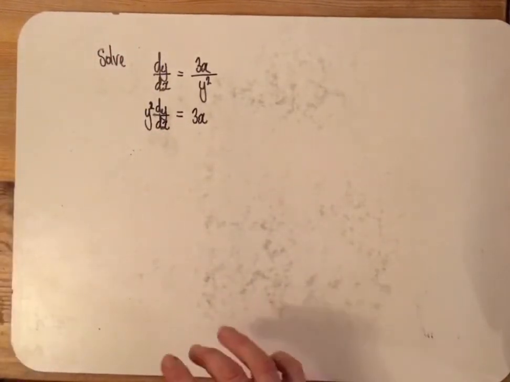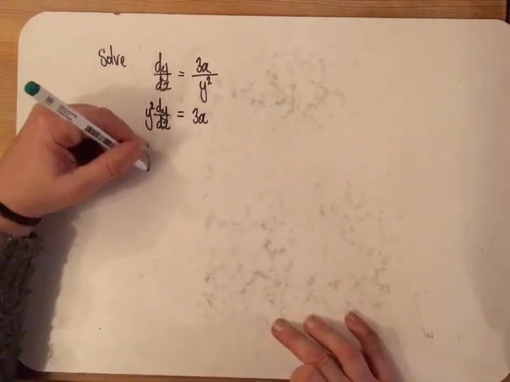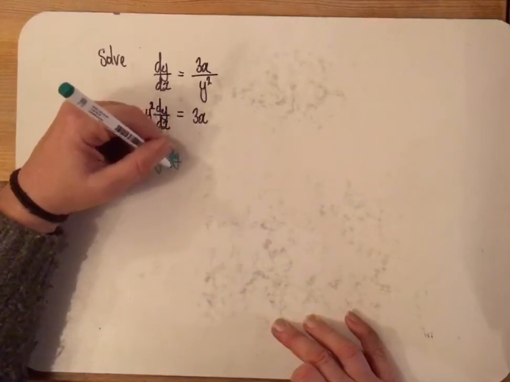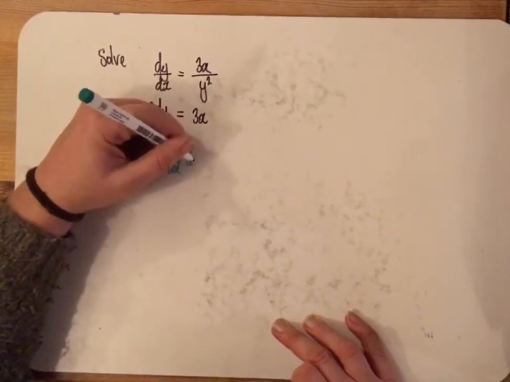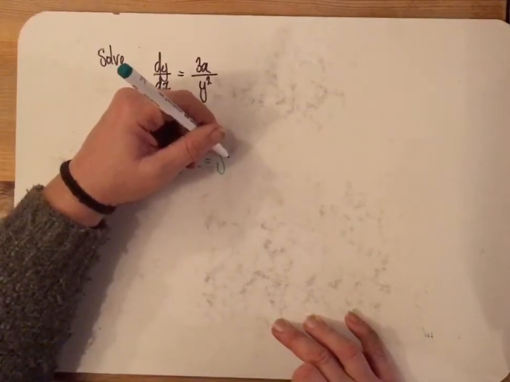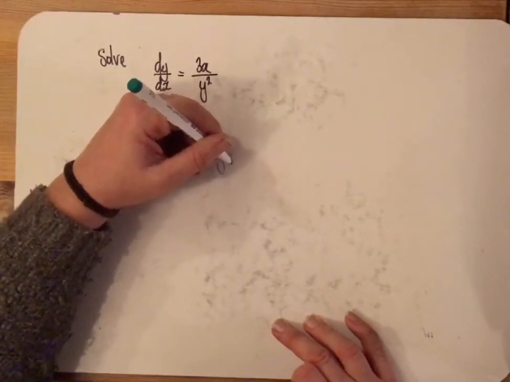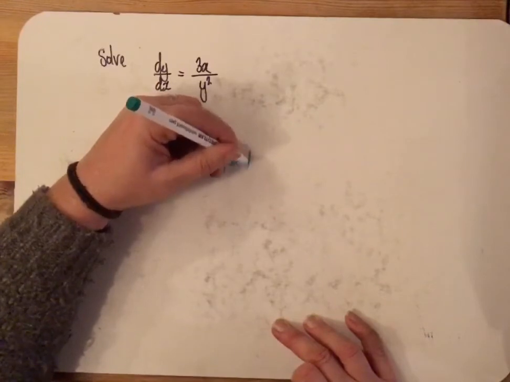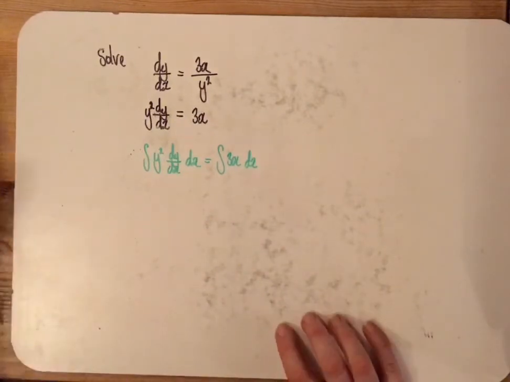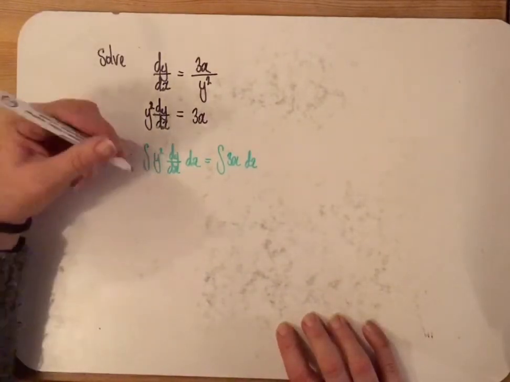So this is the line you probably don't need to write in. I'll do it once more and then I'll probably give up doing it. So I'm integrating left-hand side with respect to x and right-hand side with respect to x. And then integrating the left-hand side.